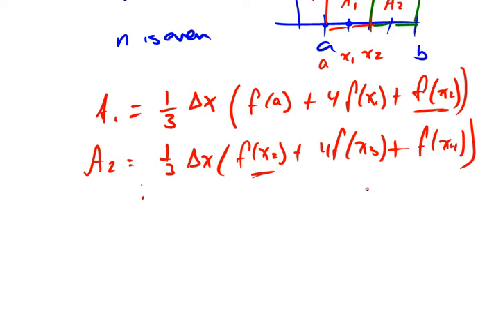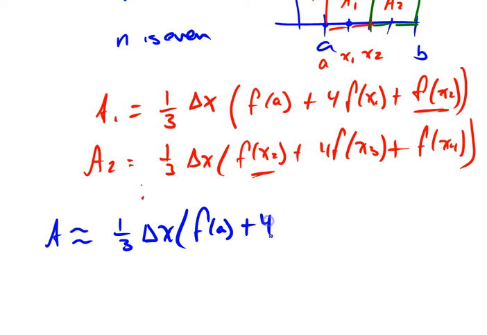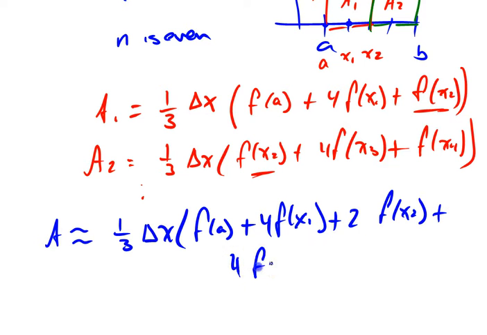So the total area is approximately equal to 1/3 times delta x times, you're going to have f of a, then 4 times f of x1 plus 2 times f of x2 plus 4 times f of x3 plus, and so on down the line.